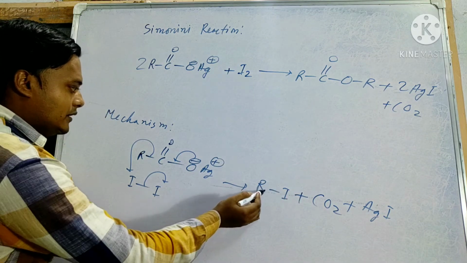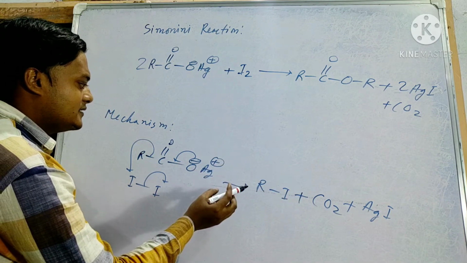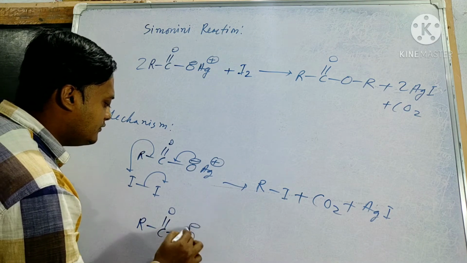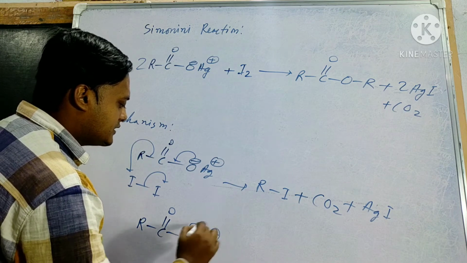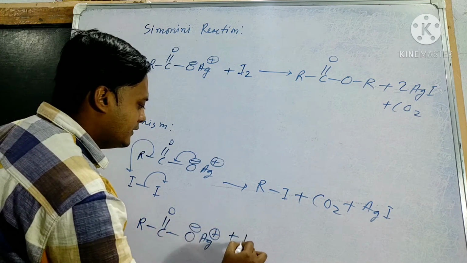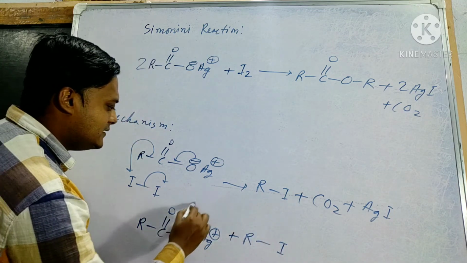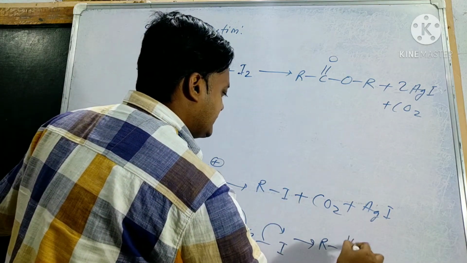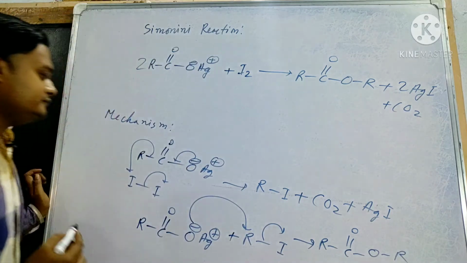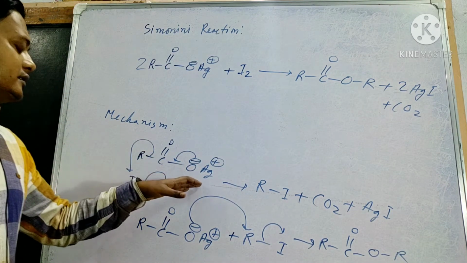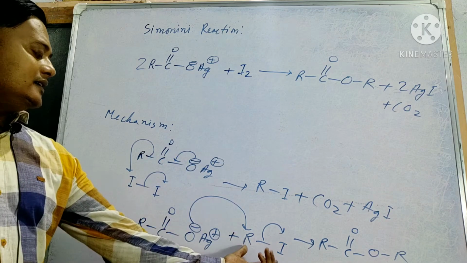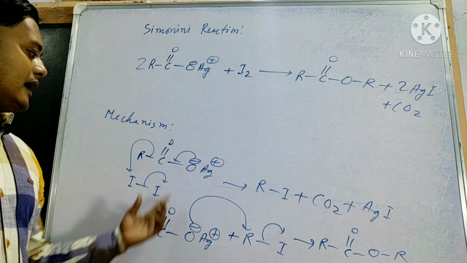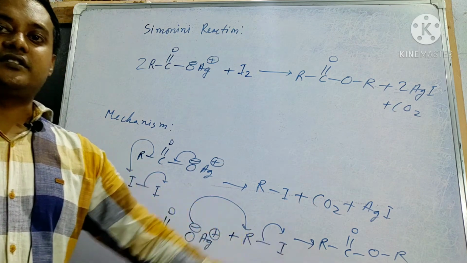Okay, so that RI acts as an electrophile. So next step, another molecule of silver salt acts as a nucleophile, and that RI acts as the electrophilic center. So the ultimate product is ester. Okay, first step is similar to Hunsdiecker. Second step, as RI is unstable, another carboxylate ion attacks that RI and it forms the ester.